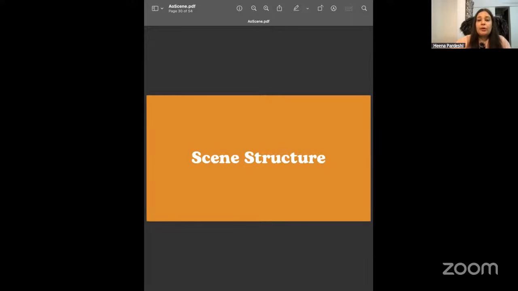Now that we've talked about goals, stakes, and movement, it's time to understand the actual structure of a scene. And we are going to approach it in a way that is simpler, clearer, and far less confusing than the traditional writing terminology. For years, craft books that I've gone through have referred to scene versus sequel scene structure, and it is exceptionally confusing because they call the first part of the structure as scene itself.